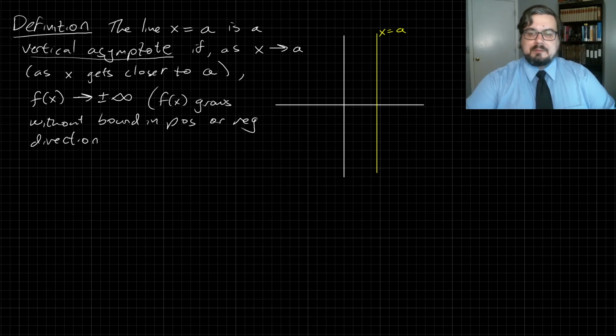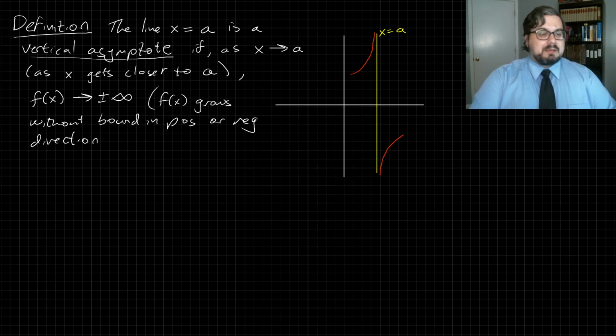So a vertical asymptote will have a graph that near it might look like this. It might go up when you're on the left side of the asymptote and go down when you're on the right side of the asymptote, as sketched here. Might be vice versa, as we did before.